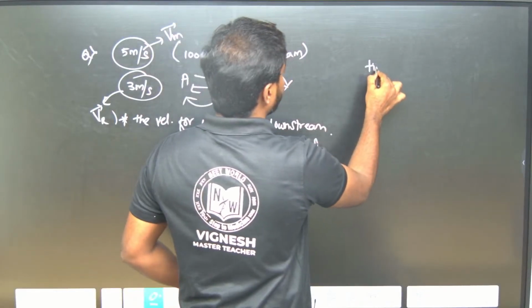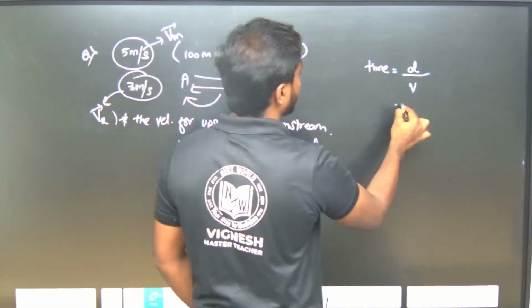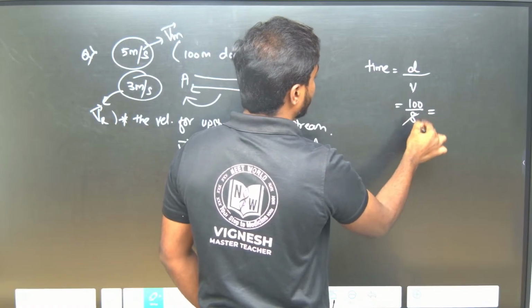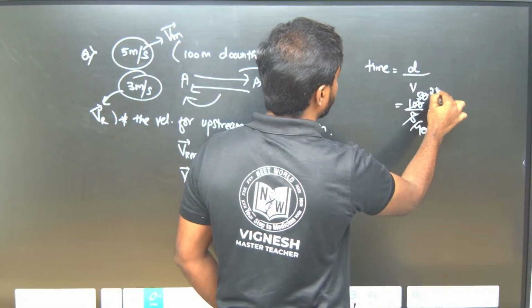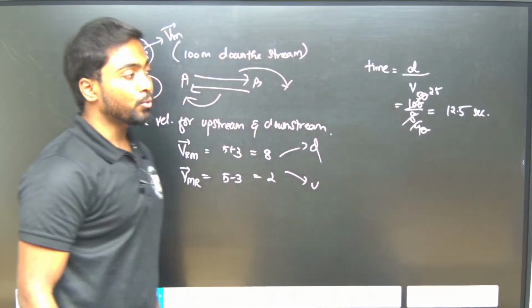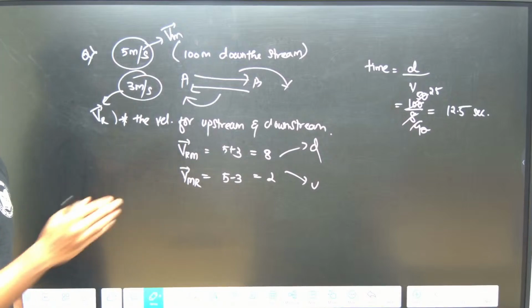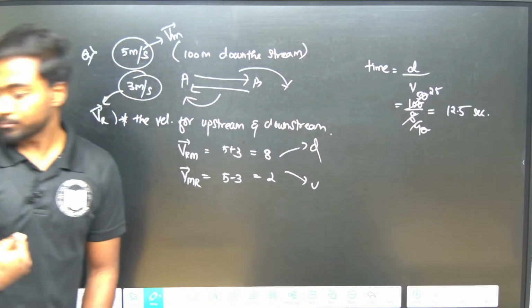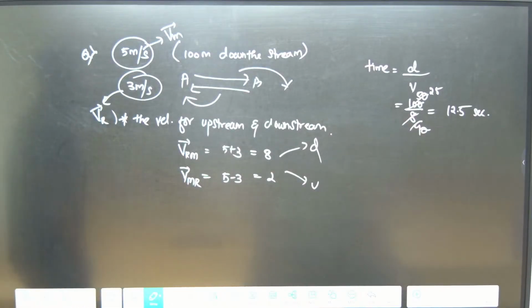So time is nothing but displacement by velocity. What is the displacement? 100. What is the velocity? 8. So this is 4 times 25, that is 12.5 seconds taken to complete in the direction of downstream. Now upstream.